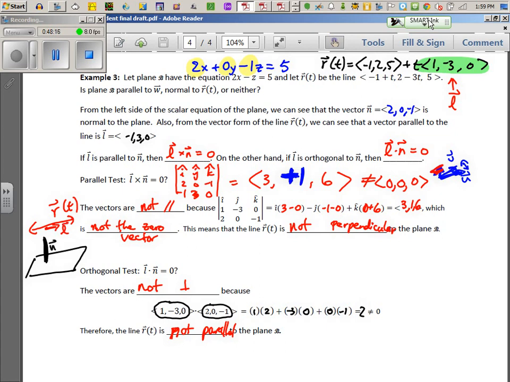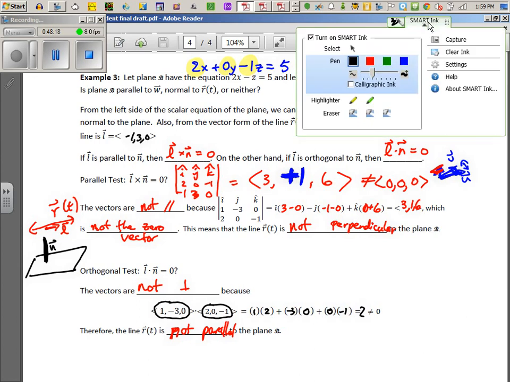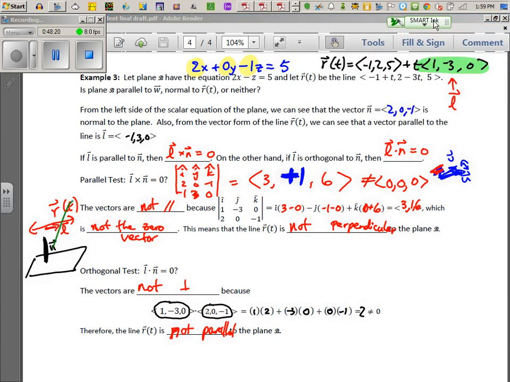If so, the dot product would be 0. Well, we show that that isn't the case either. It turned out we didn't get 0, we got 2, remember, down here at the bottom. So this just means that we're not dealing with this case either. And if the red line and the black line are not perpendicular, then we know that the red line and the black plane are not parallel.